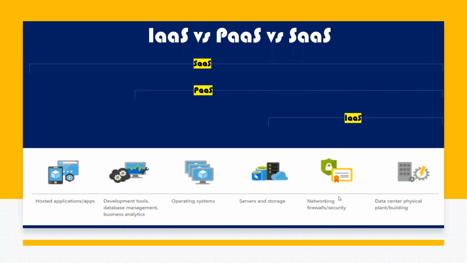The required software you have to install, including the OS. If you purchase platform as a service, the OS and required software, development tools, database management, and business analytics will all be available along with the purchase. That is called platform as a service.